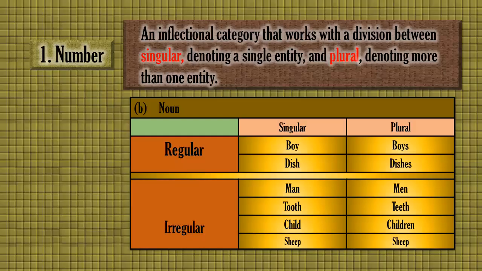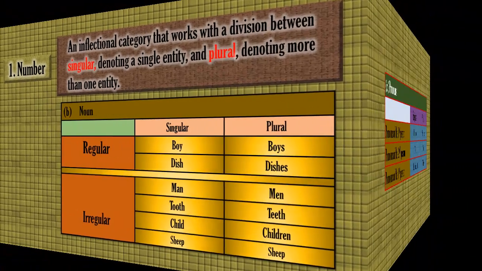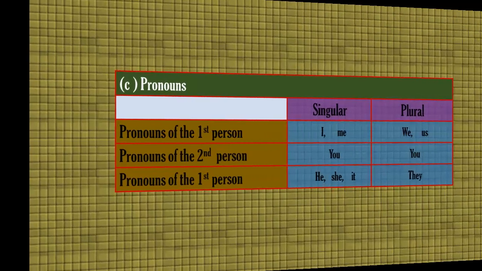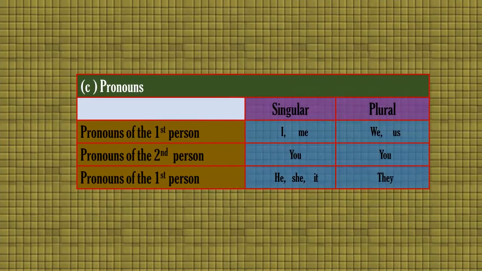It is clear from this table C, in which I is a singular nominative pronoun, whereas its plural is we, and me is accusative and its plural is us, and you can see the other pronouns as well.